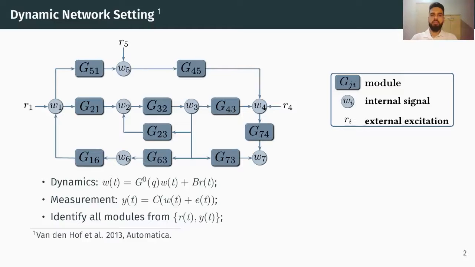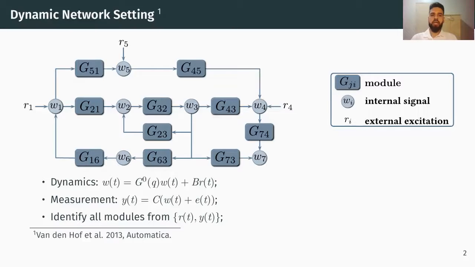Each node may be subjected to an excitation signal R that can be used as input of the network. The modules are collected in the network matrix G and represent the dynamics of the network. B represents a matrix that selects which inputs are applied in the network.